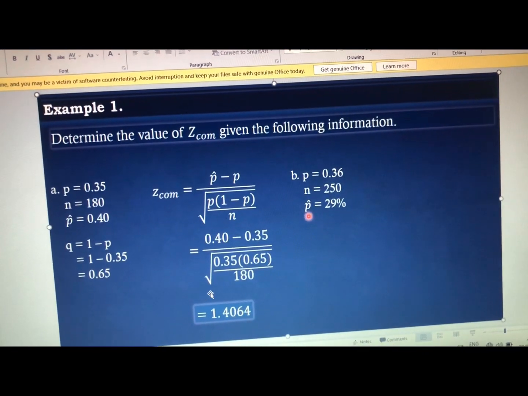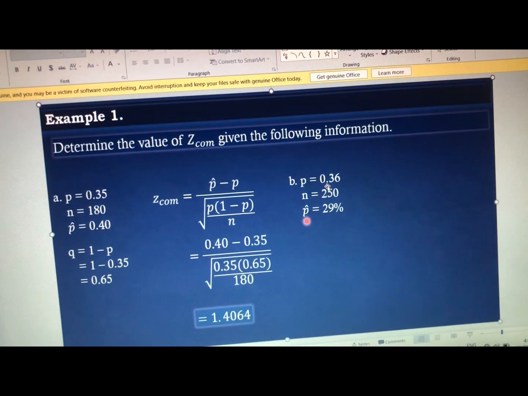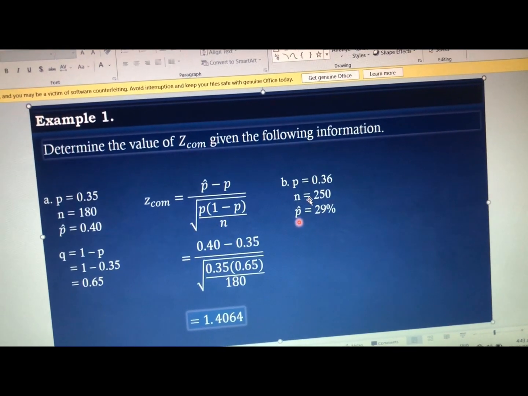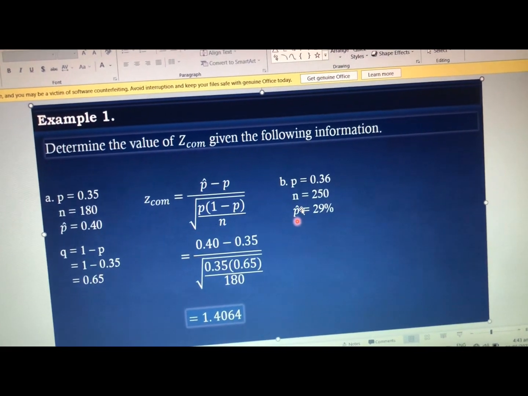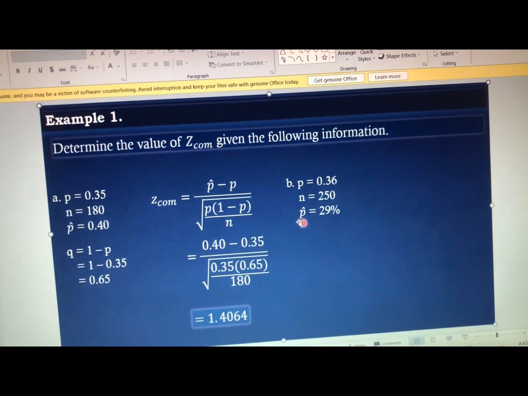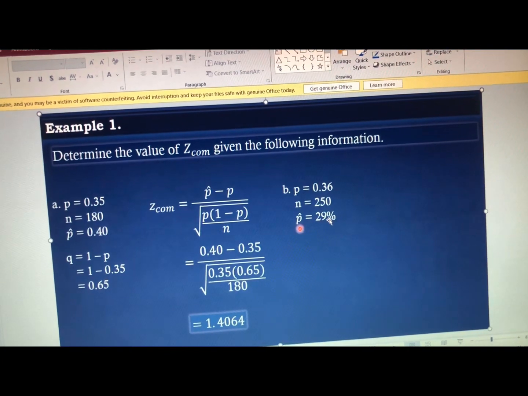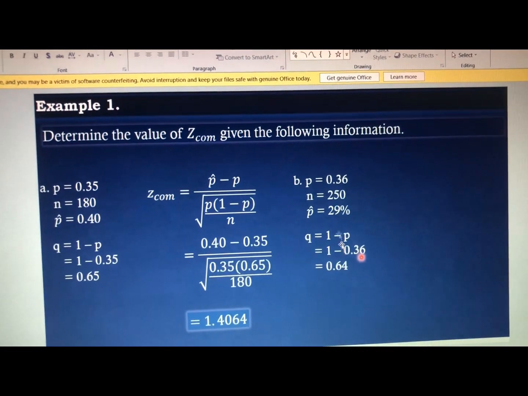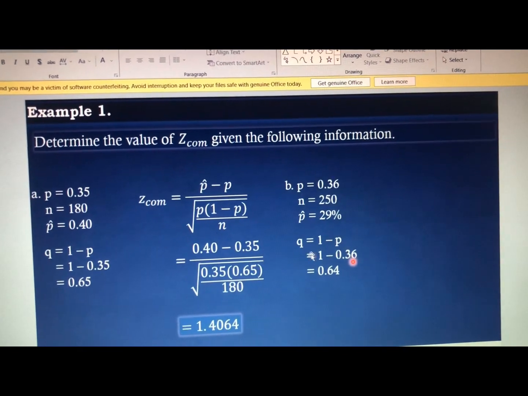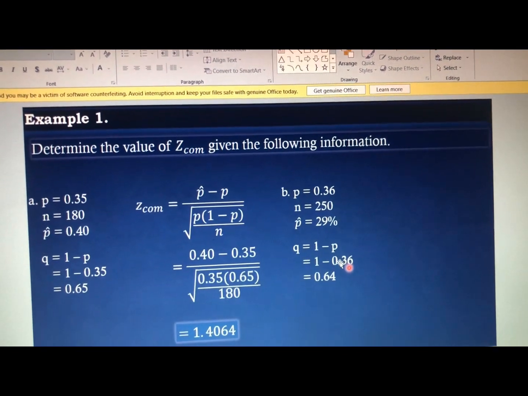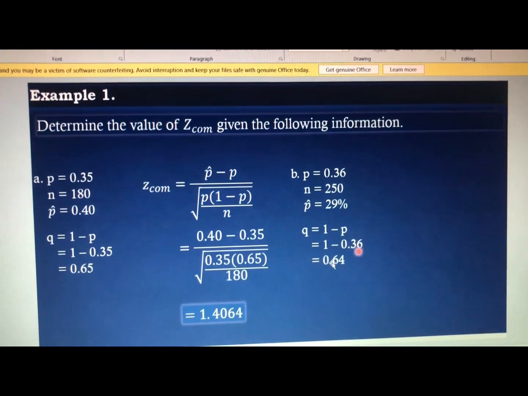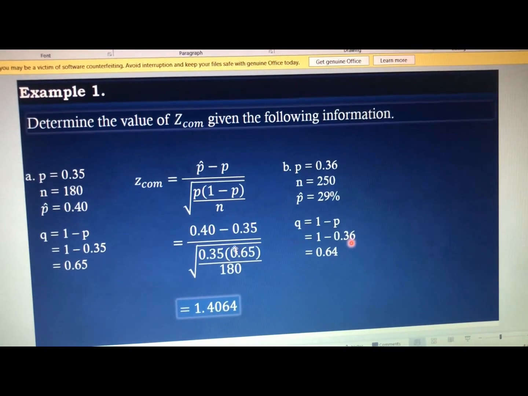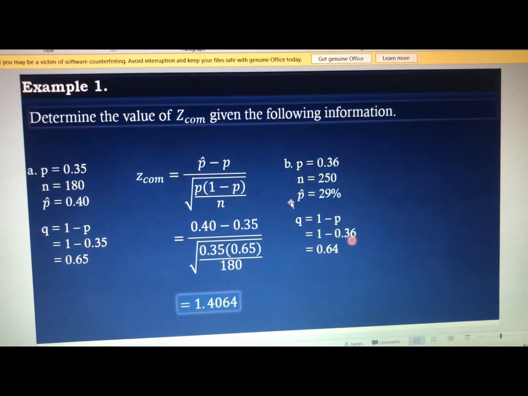Next, okay, the population proportion is 0.36, n equals 250, and the sample size is 250. The sample proportion is 29%, or that is 0.29. So, kailangan natin kunin yung value na q. Okay, so 1 minus p or 1 minus 0.36, the answer is 0.64. So, gamit yung given data na to, substitute natin sa formula.